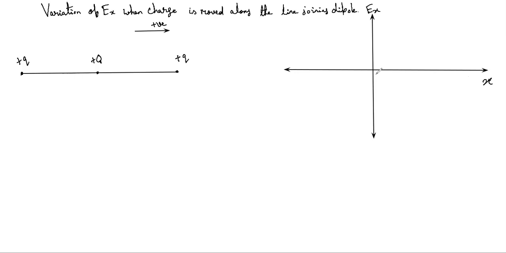Okay, this is interesting. There will be 2 points: x equals minus a, x equals 0, x equals plus a. ठीक है, सब लोग को समझ में आ रहा है ना? Everyone getting what I am telling?